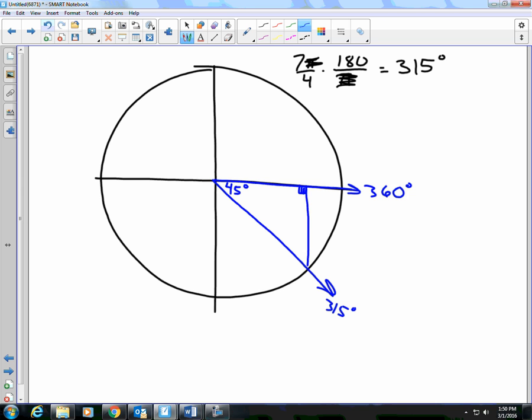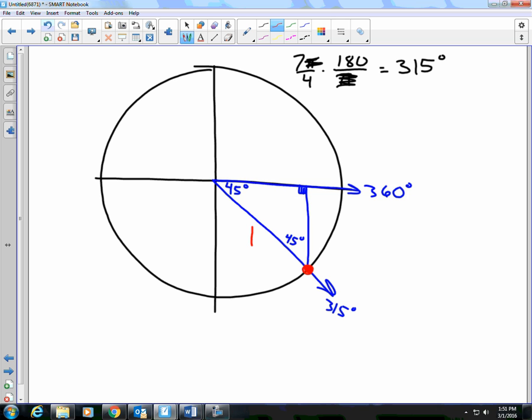So what kind of special triangle do I have? 45, 45, 90. I have to figure out the location of the terminal point. Oh no, I don't have any lengths. 1! Hey, I remember 45, 45, 90s have something to do with the square root of 2.